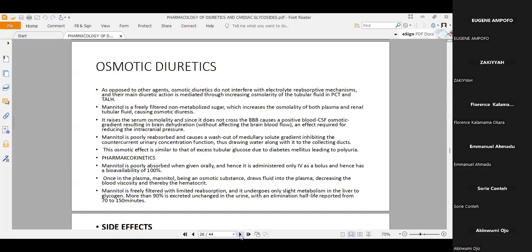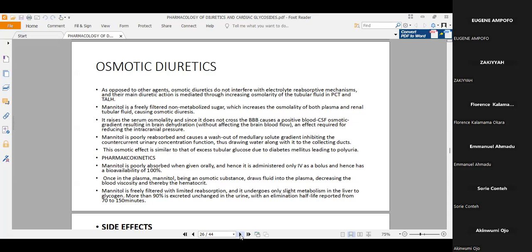As opposed to other agents, osmotic diuretics do not interfere with electrolyte reabsorptive mechanisms. And their main action is mediated through increasing osmolarity of the tubular fluid within the proximal convoluted tubule, as well as the thin descending limb of Henle. So the typical agent in this class is mannitol. It is a freely filtered non-metabolized sugar, which increases the osmolality of both plasma and renal tubular fluid, leading to osmotic diuresis.